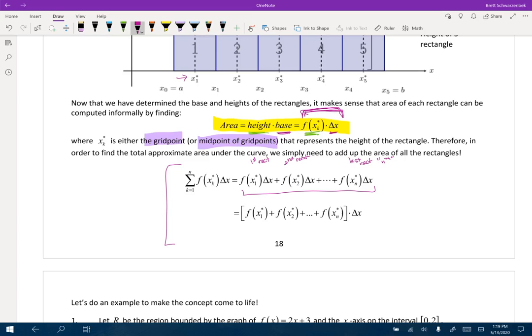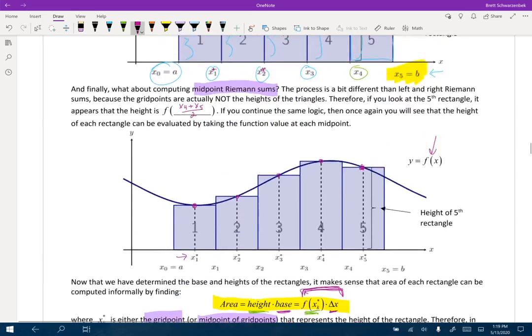Now this symbolism right here is a way to summarize that, just in case we end up with 20 rectangles. Remember, this is summation notation. So we would say from 1 to n, the last rectangle, find f of x star k times the change of x. It's just a shortcut method, but I need to point out something very important for our calculations.